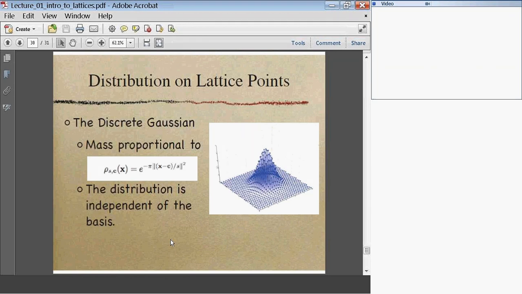The most important distribution in formulating the actual crypto schemes in the case of lattice-based cryptography is the discrete Gaussian distribution. And this distribution is illustrated here. I'm sure some of you are familiar with the regular continuous Gaussian distribution.